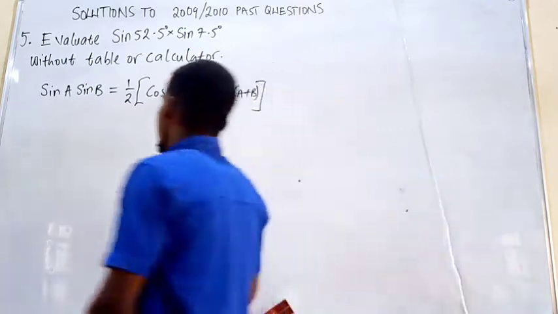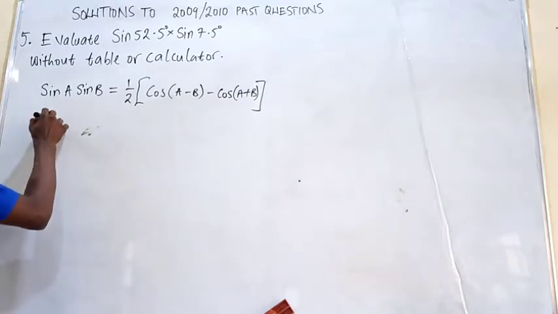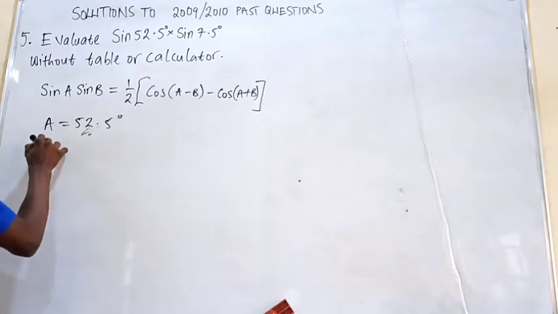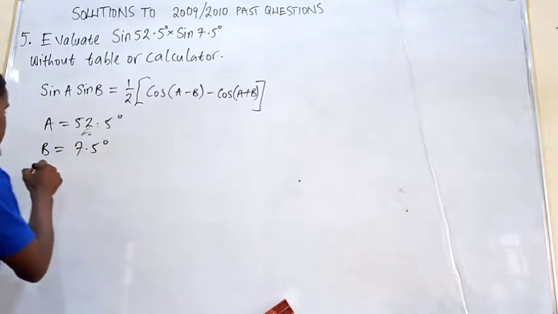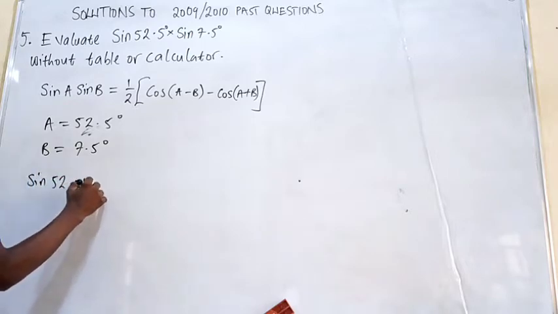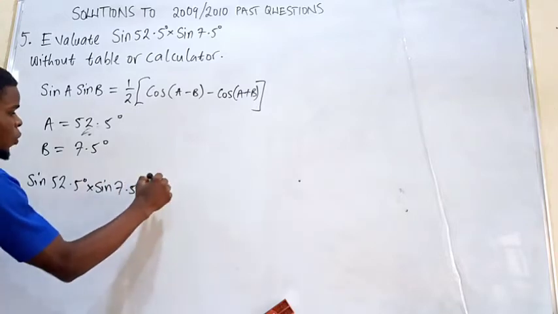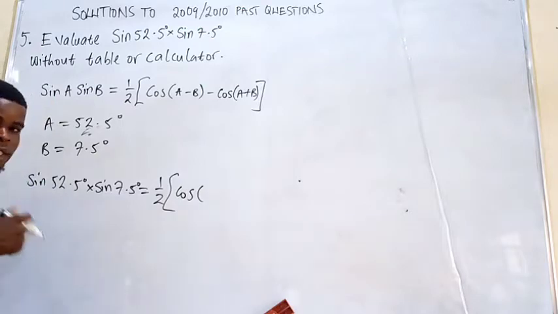Okay, so from here, A is 52.5 degrees and B is 7.5 degrees. That means that sine of 52.5 degrees times sine of 7.5 degrees will be equal to 1 over 2 of the cosine of their difference.